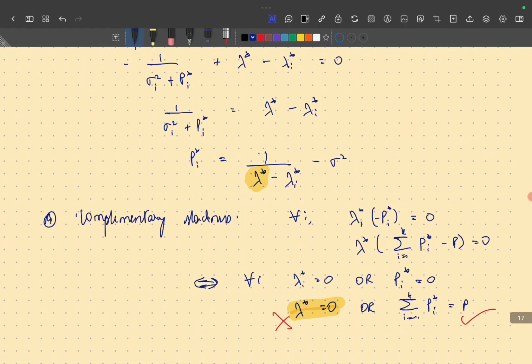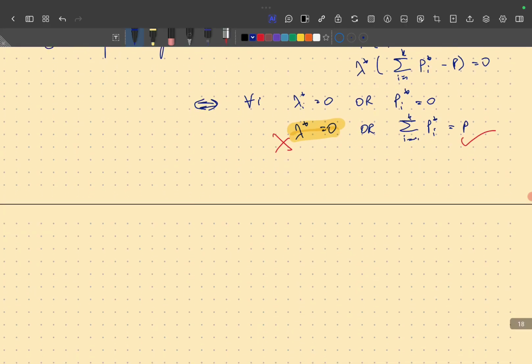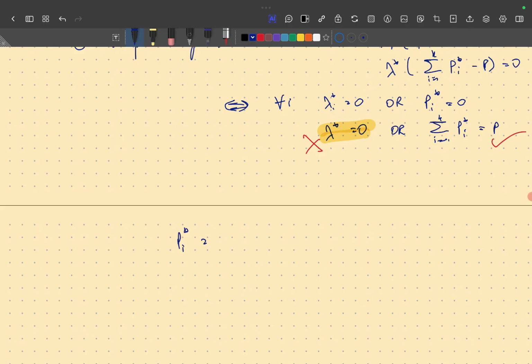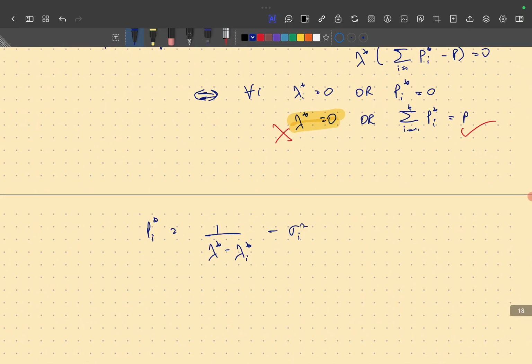So again, let's go back to pi star. Pi star has to be greater than or equal to 0, and it's equal to 1 by lambda star minus lambda I star minus sigma I square.